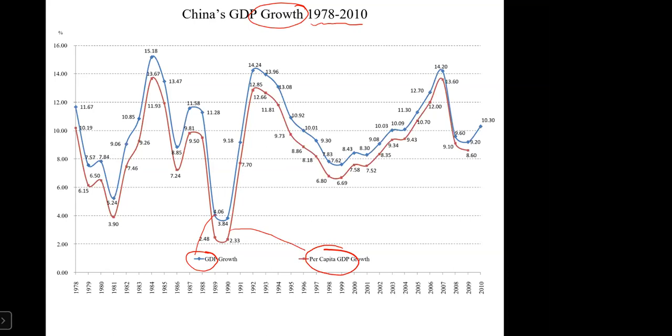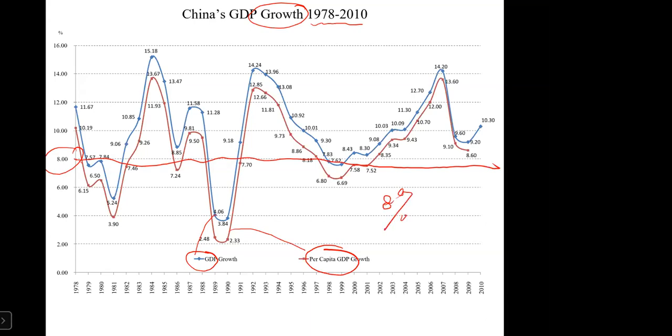Right. Now, overall, these two series track each other, and on average they are probably around here. So this average was 8%.